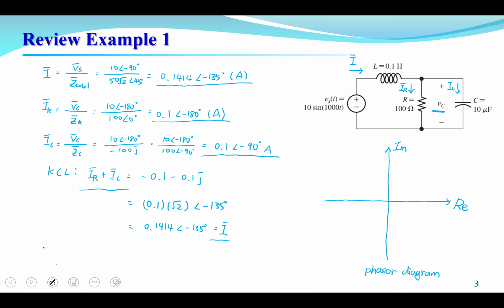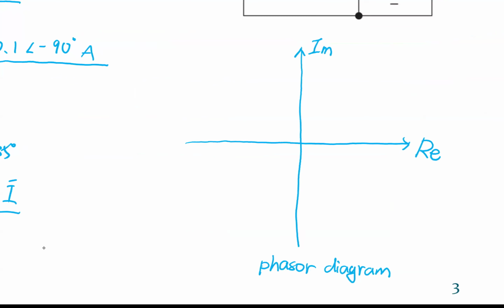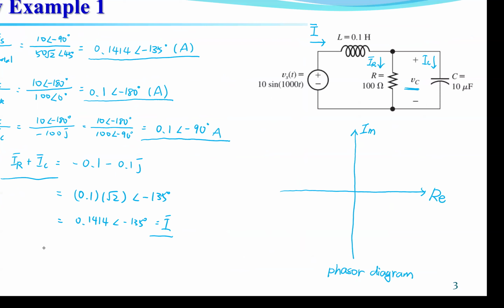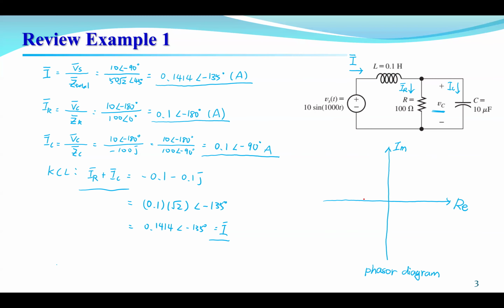IR is 0.1, angle minus 180 degrees, so we draw it here. Suppose the unit is 0.1. Then IC is minus 90 degrees, pointing downward. So this is IC.